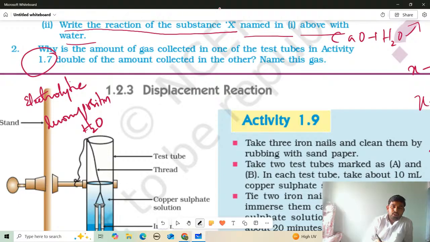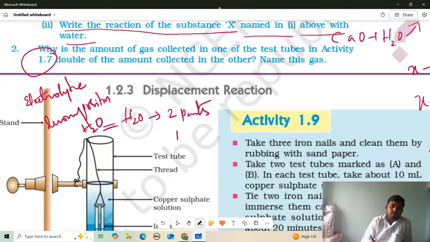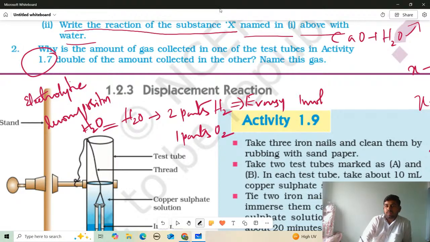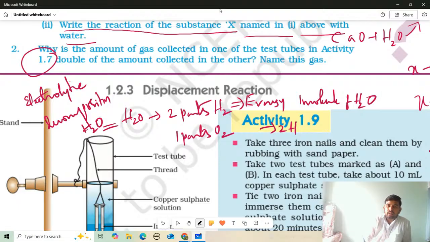Because you know very well, we discussed that H2O is made up of two parts of hydrogen and one part of oxygen. So for every one molecule of water, two hydrogens and one oxygen are produced.